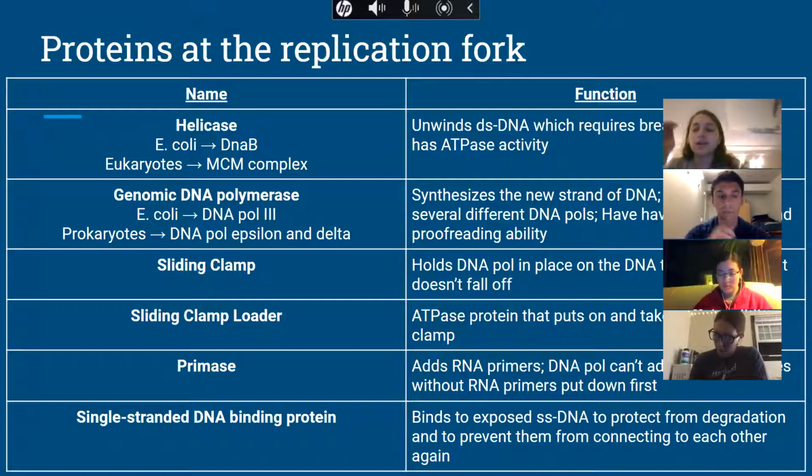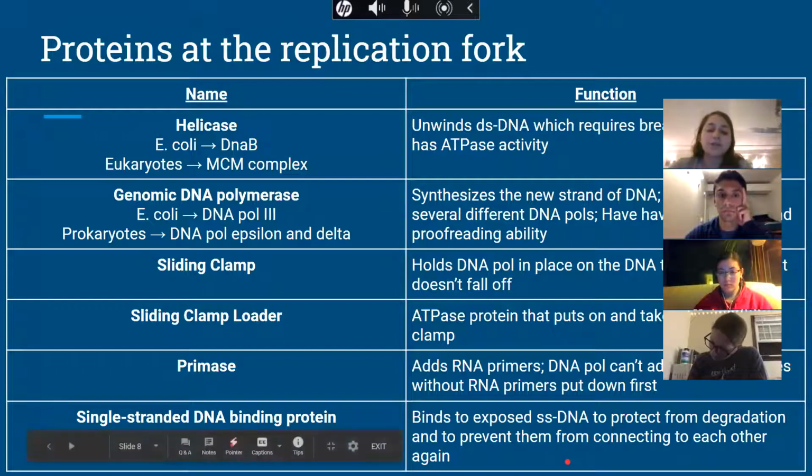And both strands are going to want to reconnect with each other, which, if we're trying to replicate, we can't have. We need that bubble. We need them apart. So the single-stranded DNA binding protein not only protects them from degradation, but also keeps them from connecting to each other. And that's it. That's all we have.